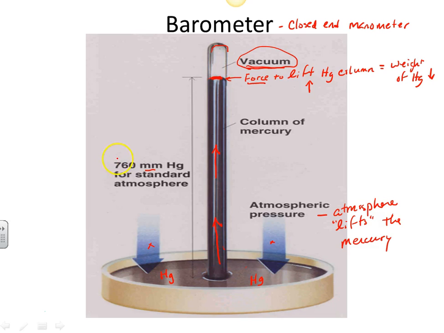We would measure the height of the mercury column that could be lifted by the atmosphere. On an average day, we get standard atmospheric pressure at sea level, and that would be 760 millimeters of height. So the barometer measures the atmosphere, and it's also necessary to measure a gas with an open-end manometer, because you have to know the atmospheric pressure.